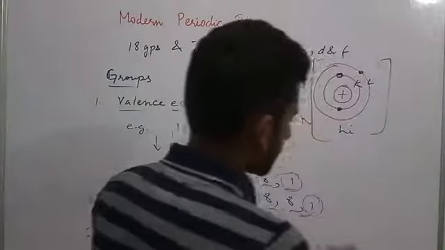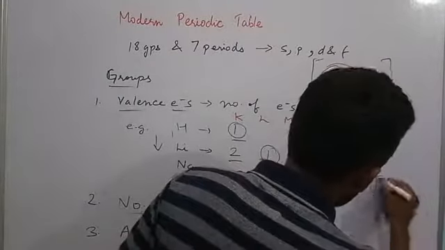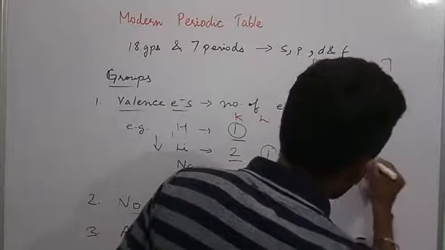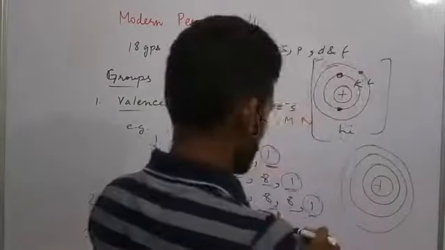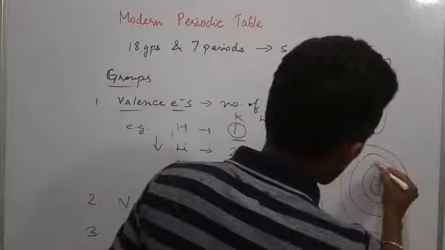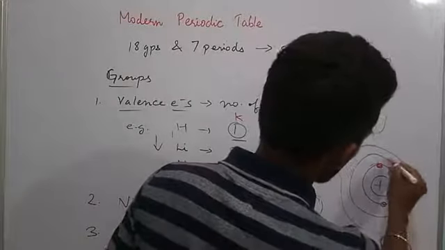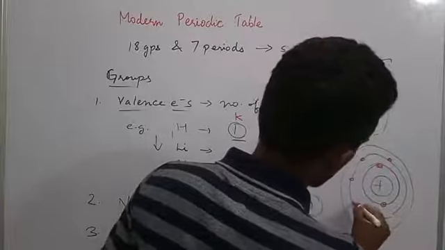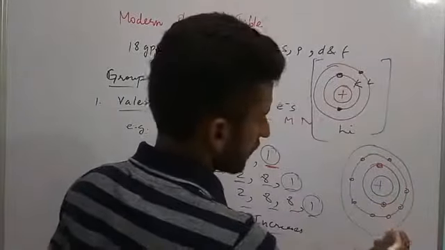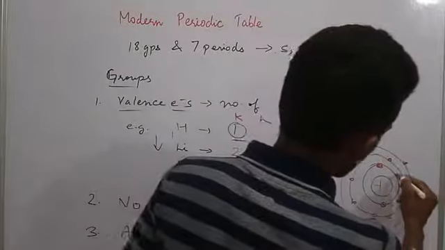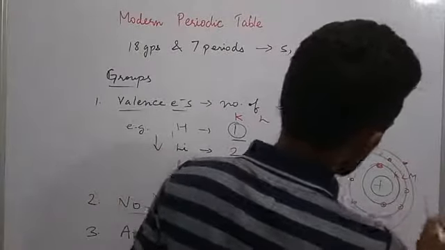But if another structure is drawn for sodium, with first shell, second shell and third shell, here 2 electrons in the K shell, 8 electrons will go to the next shell, and 1 electron will go to the last shell.